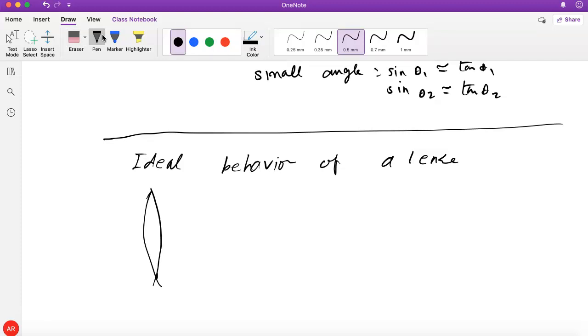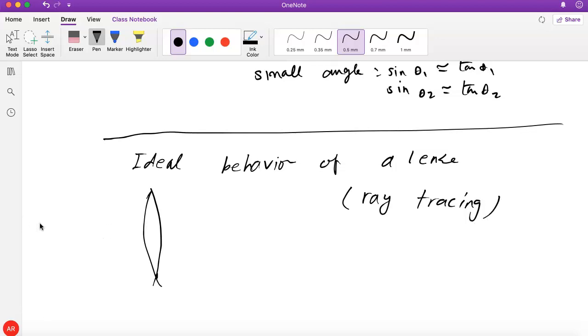We'll talk quite a bit more about this, but before trying to understand where this comes from, let's try to work with it a little bit. The technique that we use to work with these ideal lenses is something called ray tracing.